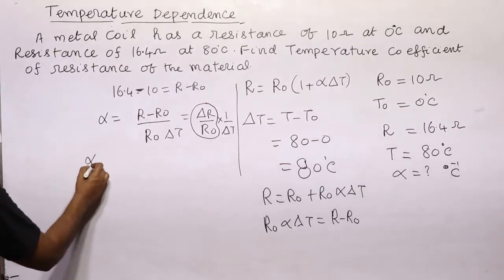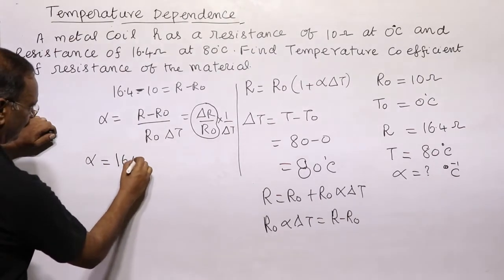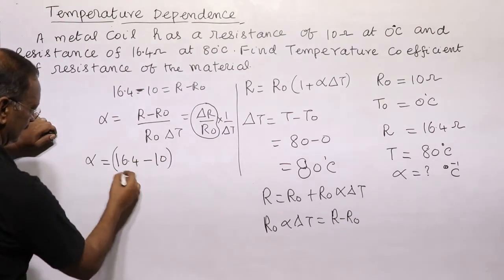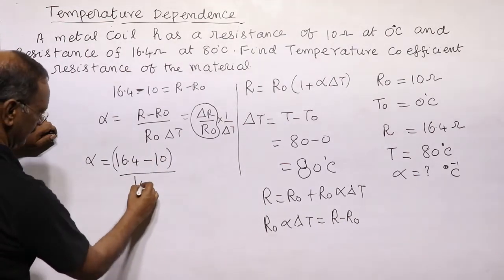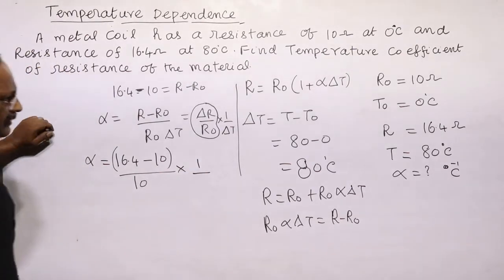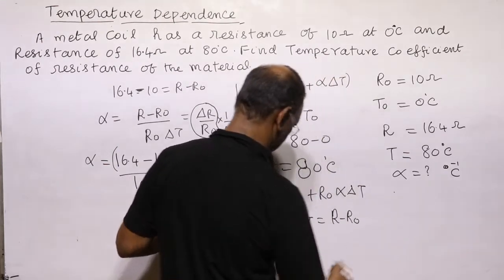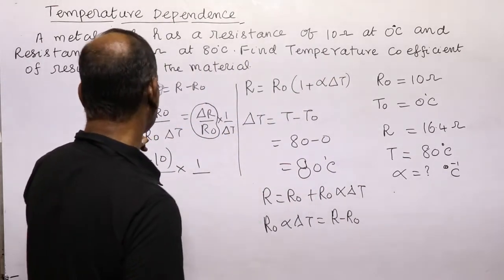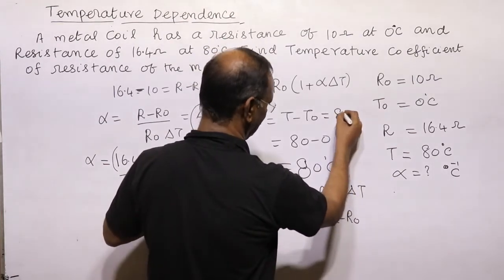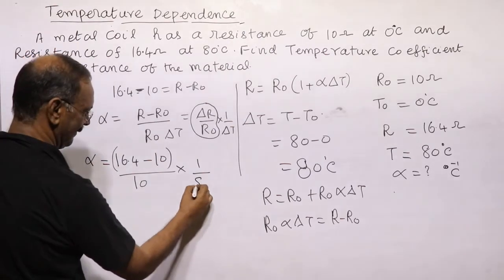Therefore alpha is equal to 16.4 minus 10, divided by R naught, 10, into 1 by delta T. Delta T is T minus T0, that is 80 degree, so 1 by 80.